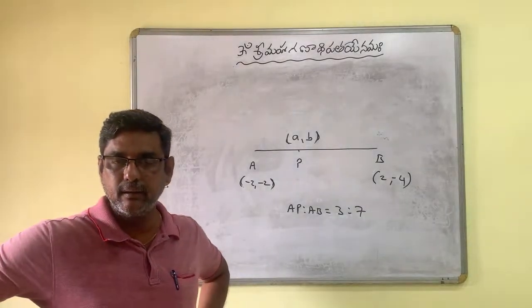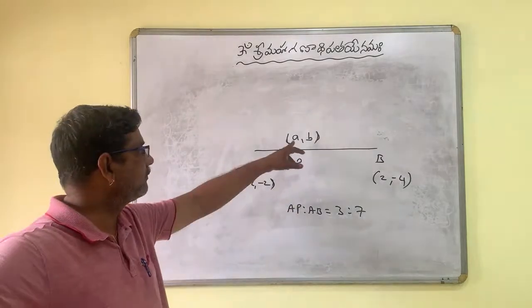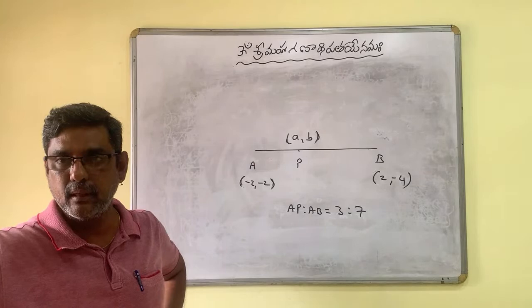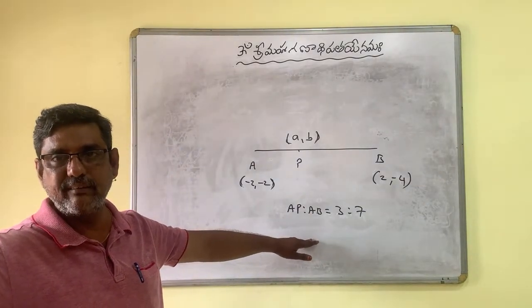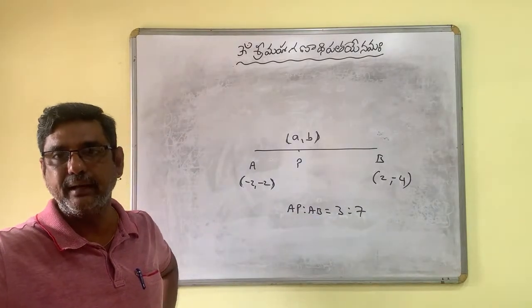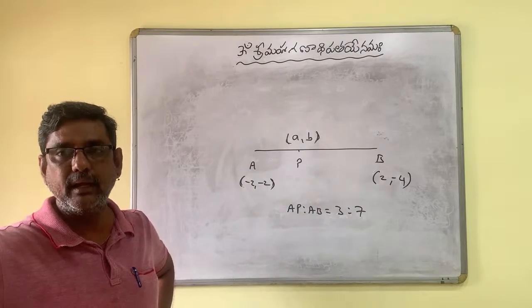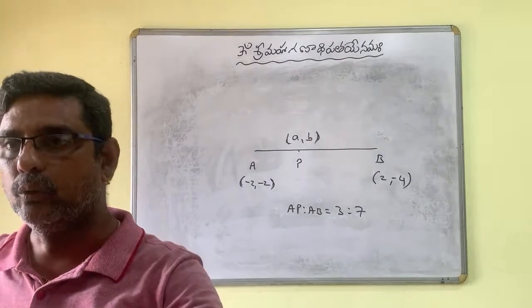We need to find out the coordinates of P, and the ratio is given like this: AP is to AB, 3 is to 7. Then what to do?